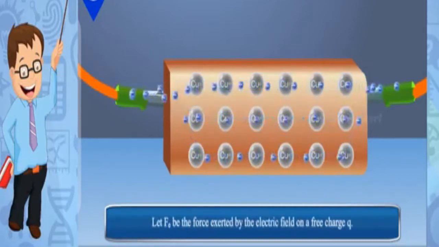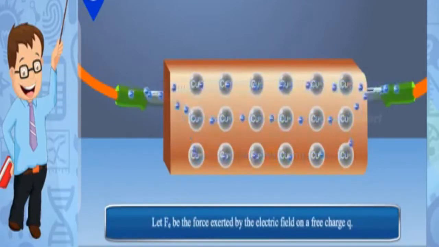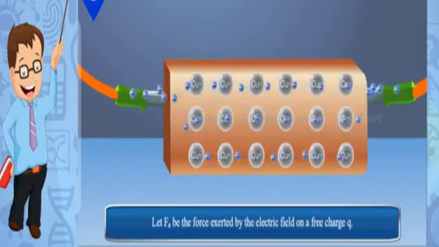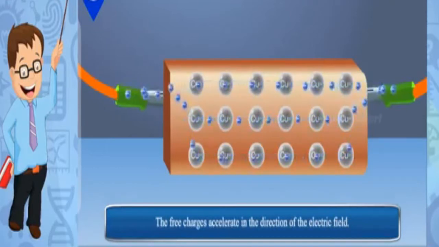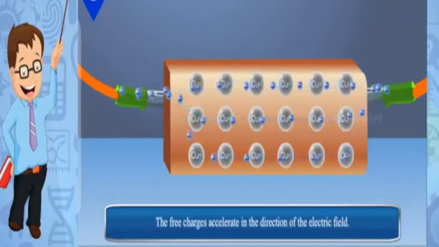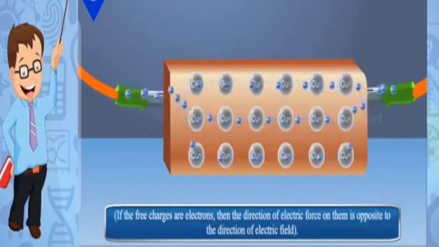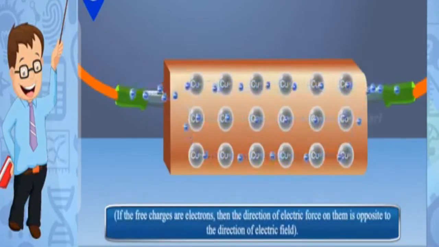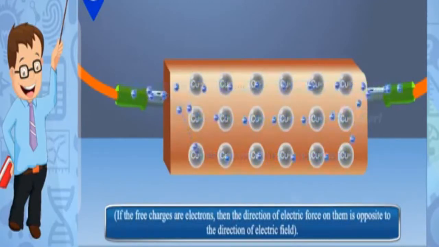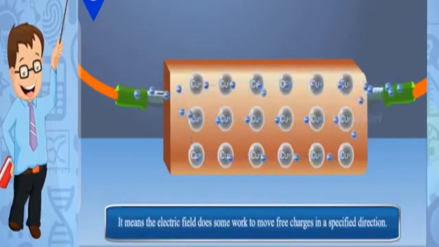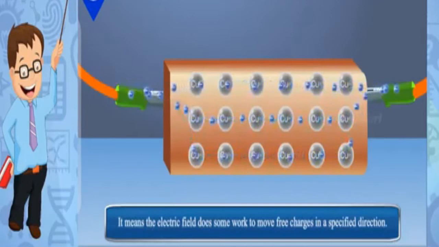Let Fe be the force exerted by the electric field on a free charge Q. The free charges accelerate in the direction of the electric field. If the free charges are electrons, then the direction of electric force on them is opposite to the direction of the electric field. It means the electric field does some work to move free charges in a specified direction.